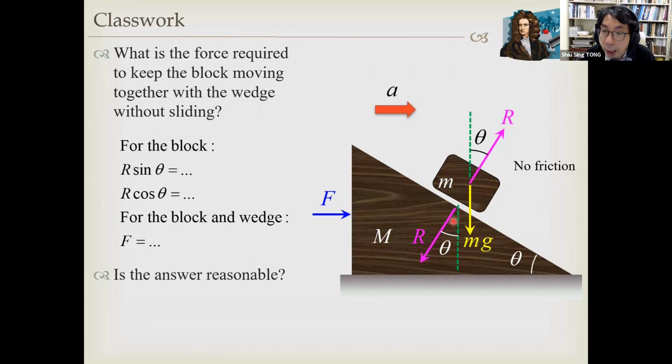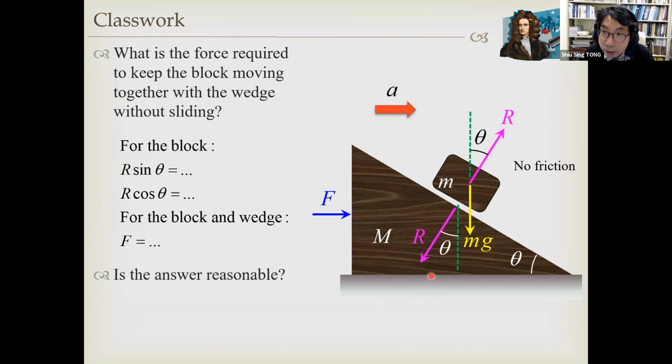Okay, so it makes an angle theta with the vertical. And for the block, of course, it has its own weight mg, and there's a normal force from the surface. And of course, that also makes an angle theta with the vertical. So they are the only forces acting on the block and the wedge.